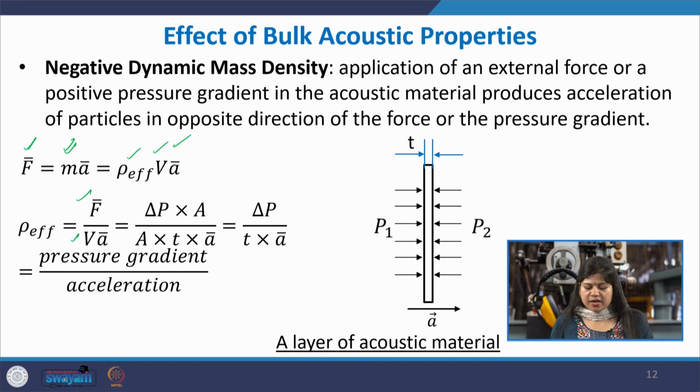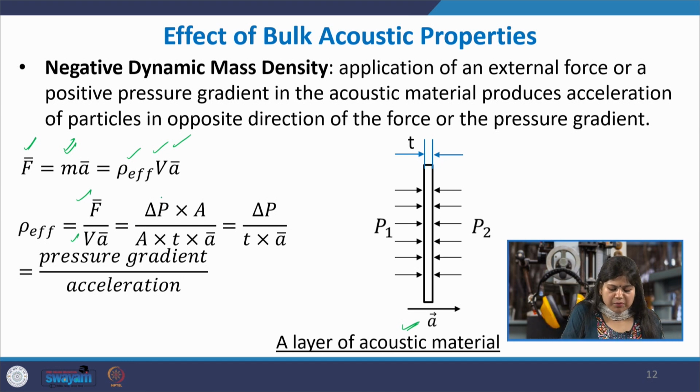Now, suppose we are considering a thin layer of a material, then the net force applied depends on the net increase in the pressure multiplied by A, which is the cross sectional area of the fluid that you are considering. So, we are trying to establish what is the negative dynamic mass density of a fluid medium.